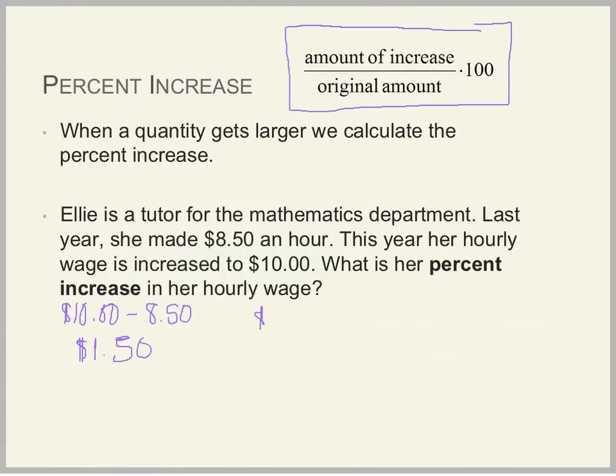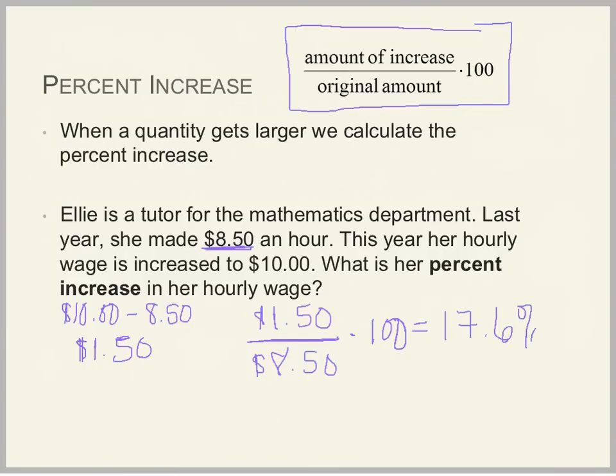We will take this $1.50 and divide it by the original amount, which was her original wage of $8.50. We'll make sure to multiply this by 100 to get a percentage, and we can see that Ellie's percent increase was 17.6.